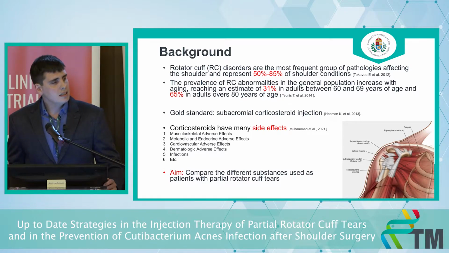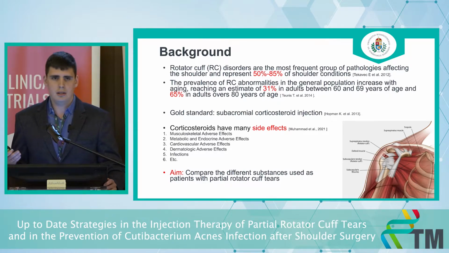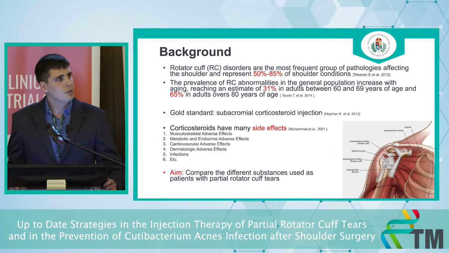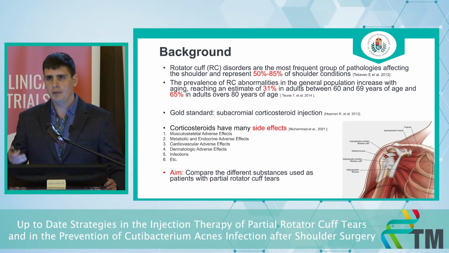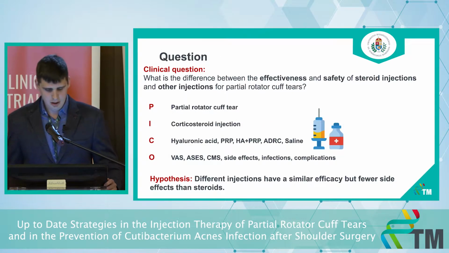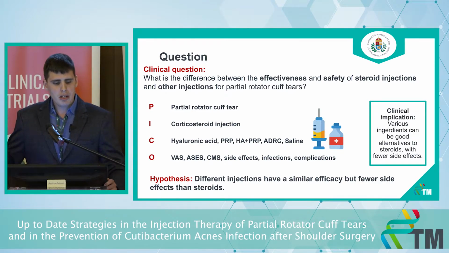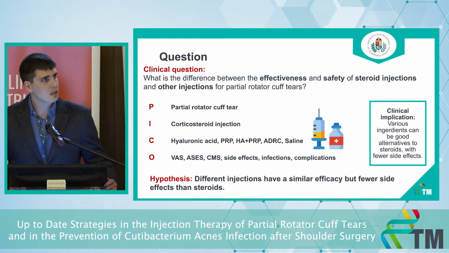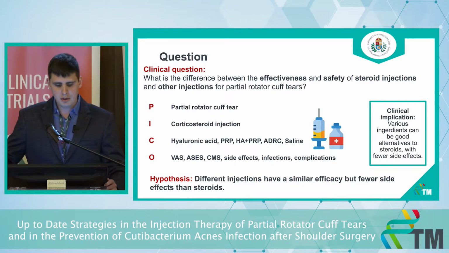We have some RCTs which show us there are some options to replace the steroid with other medicine. Our question is, what is the difference between the effectiveness and safety of steroid injection and other injections for partial rotator cuff tears?